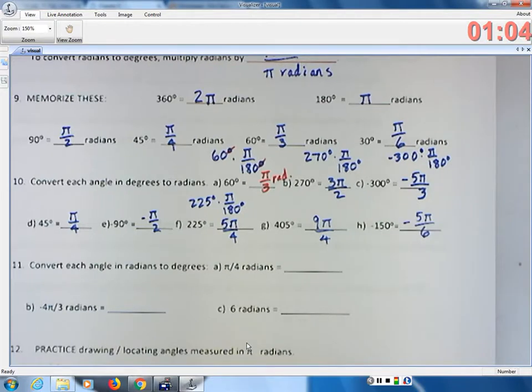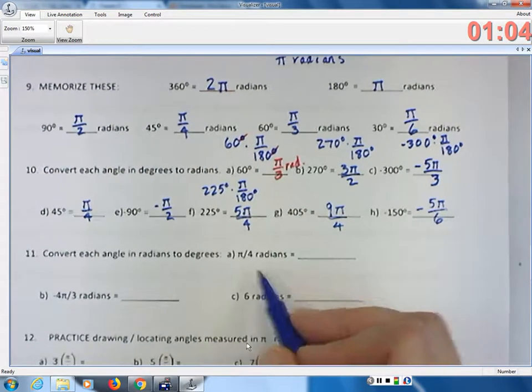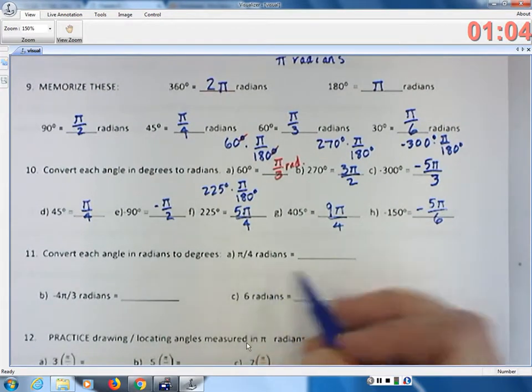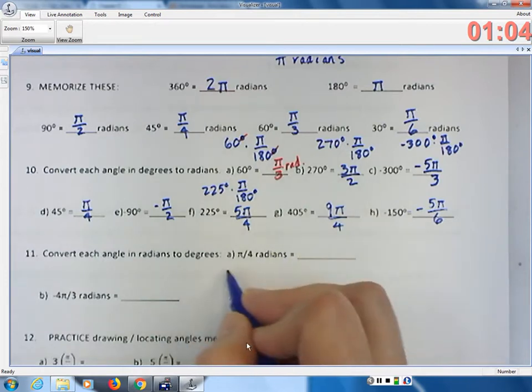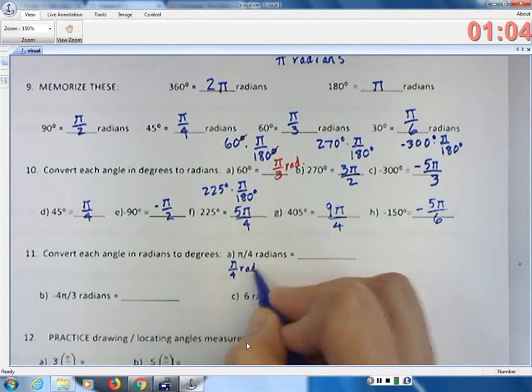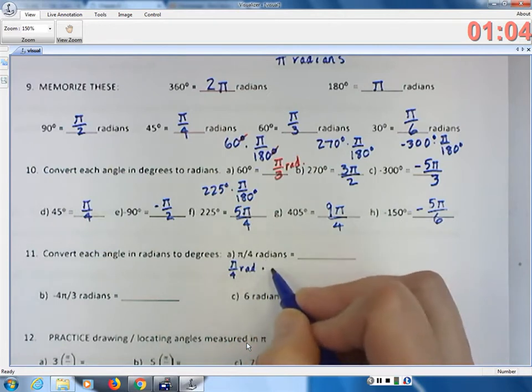All right, now you have to be able to go the other way too. Convert each angle in radians to degrees. So pi over 4 radians is pi over 4 times, you don't want to put pi on top because that'd be radians squared over degrees.